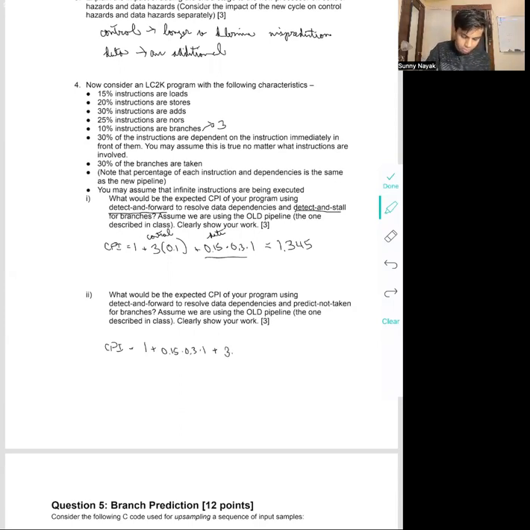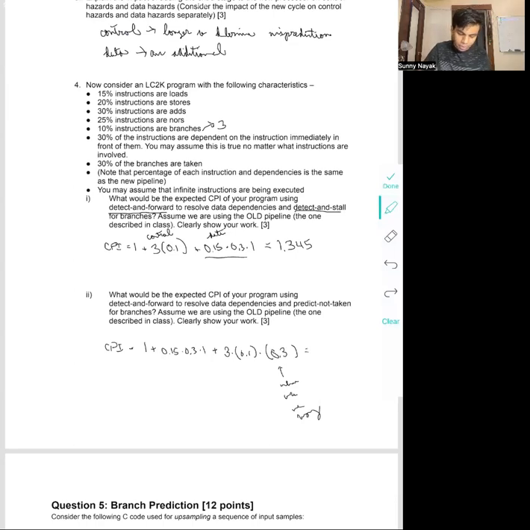But instead of essentially performing a control hazard every single time, we have to factor in when, or how often, we are wrong. So it says that 30% of branches are taken, which means 30% of the time I'm going to be wrong because I'm predicting not taken.